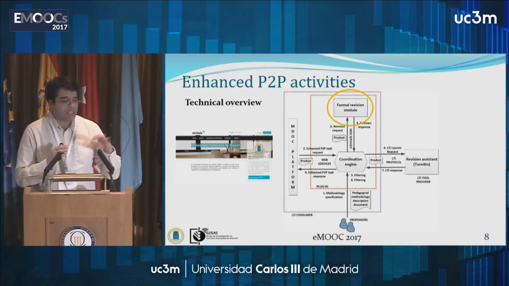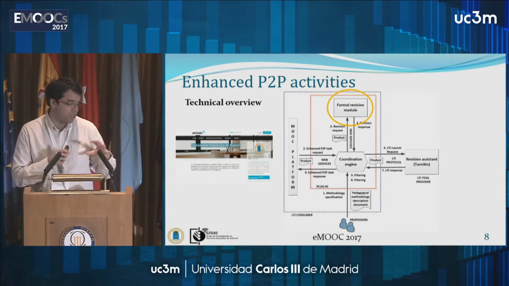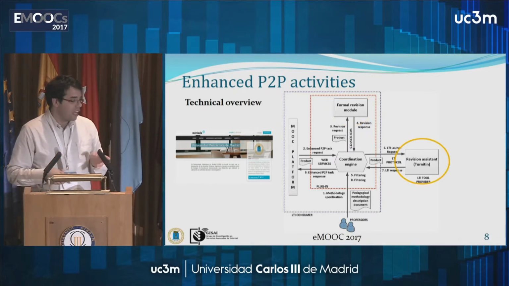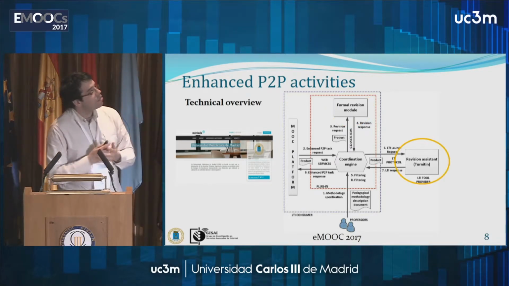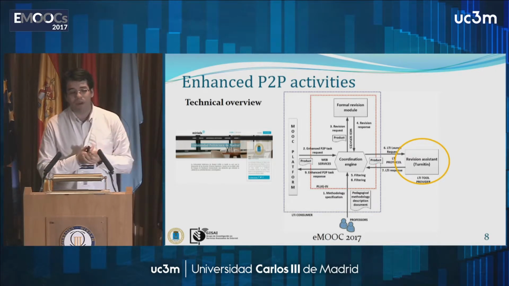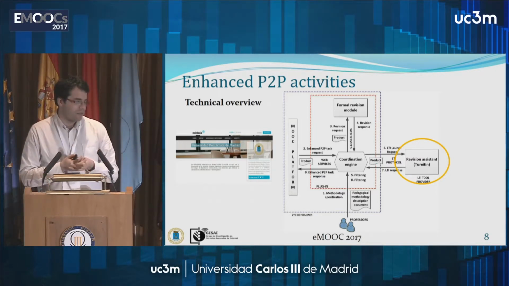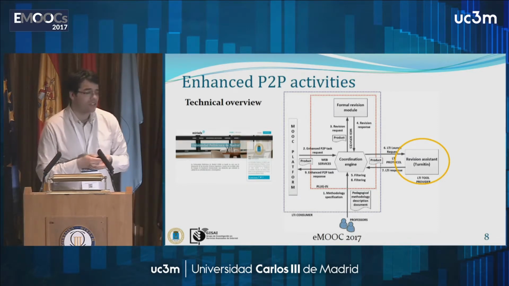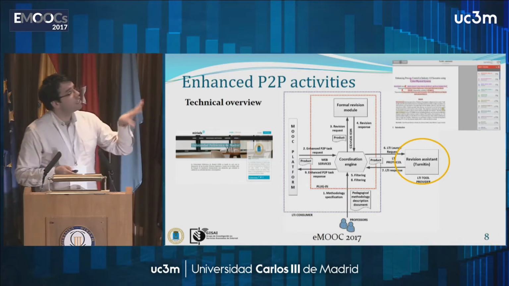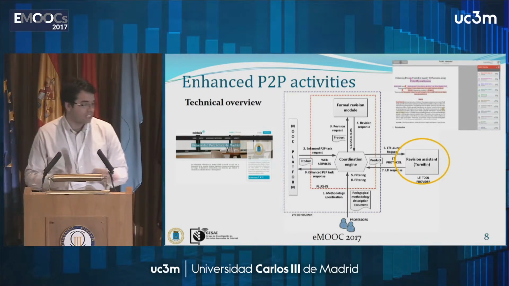And if all these filters are passed, then a revision assistant is used. We are using a platform that is now really famous, at least here at the Technical University of Madrid, called Turnitin. I don't know if all of you know about it.